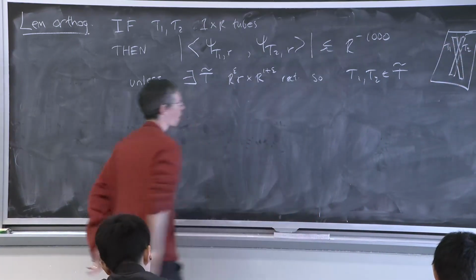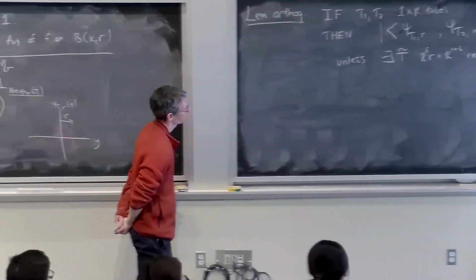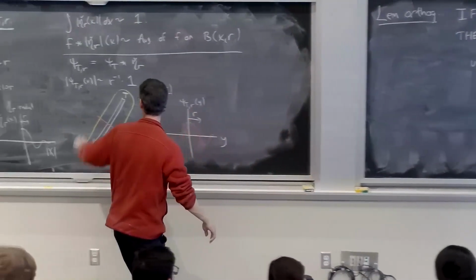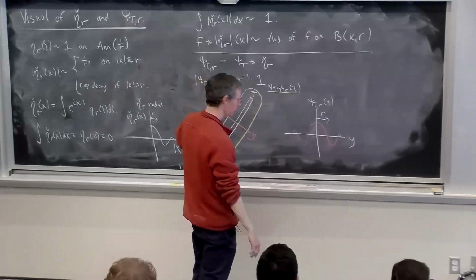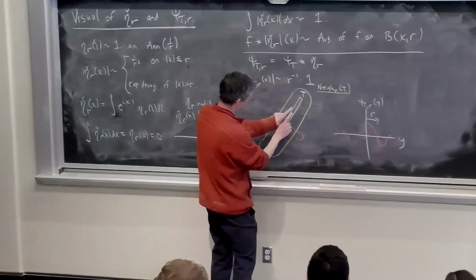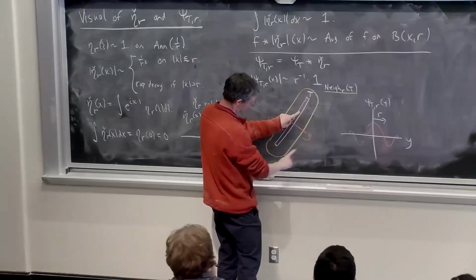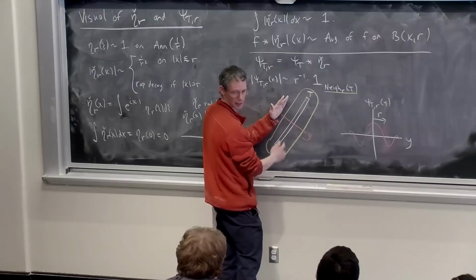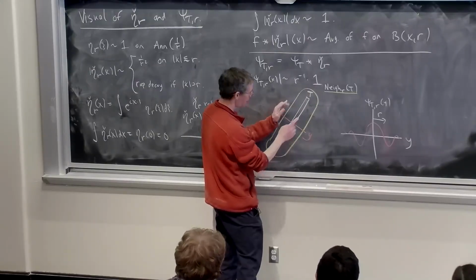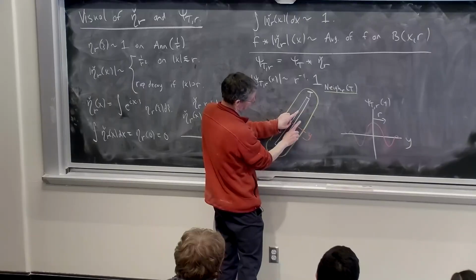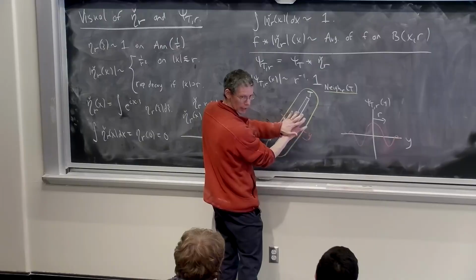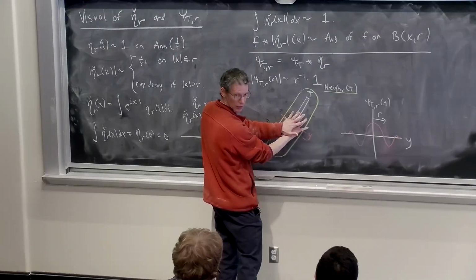OK. So we could have some intuition about this from our visualization of CTR. If I were to take T1 and T2 in the same T tilde, so this thickened neighborhood, notice, is basically the same as T tilde. If I pick T1 and T2 corresponding to the same T tilde, then when I thicken them both, I get basically the same rectangle.